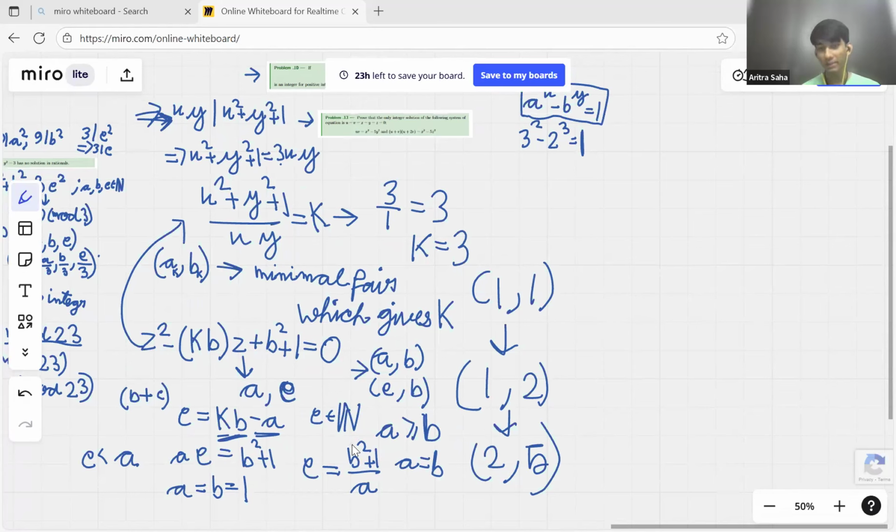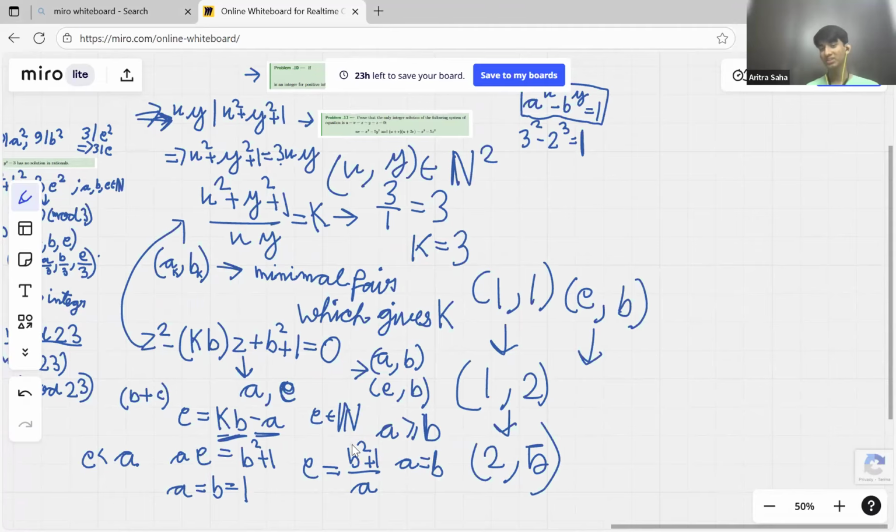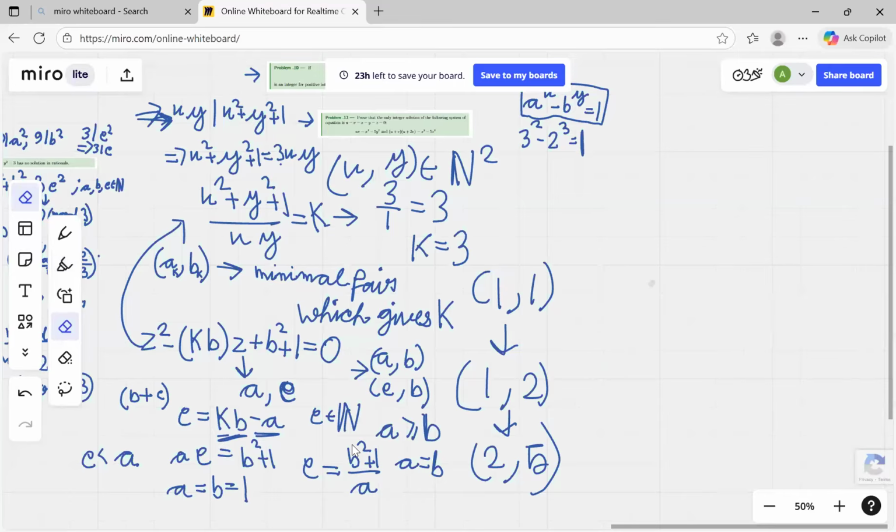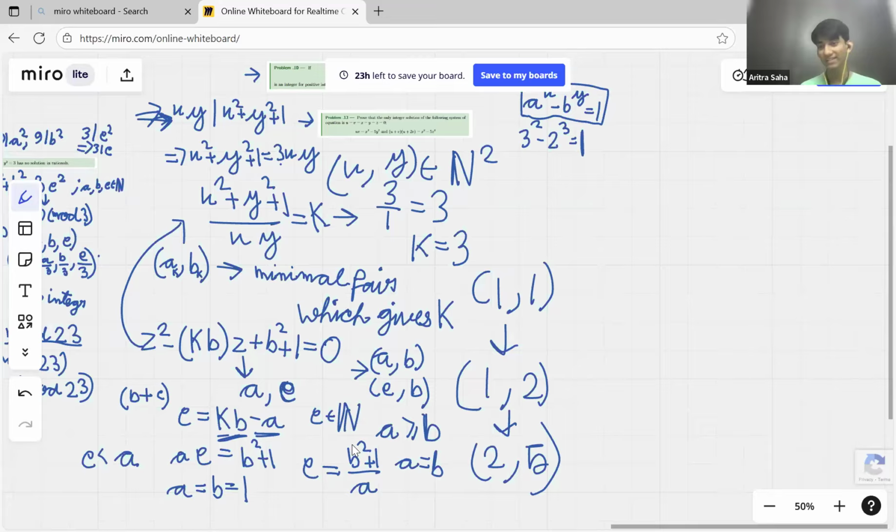So if you want another pair to be satisfied, I didn't write that. That was my mistake. Sorry. So if you want C, B to be a valid solution pair, C has to be an integer, right? So you want that to be a positive integer only. Otherwise, it is not a valid solution pair.